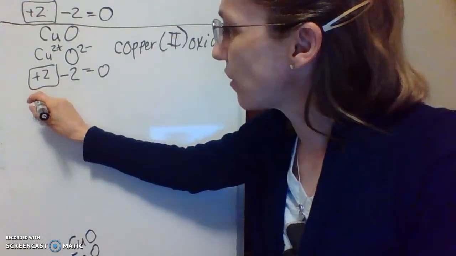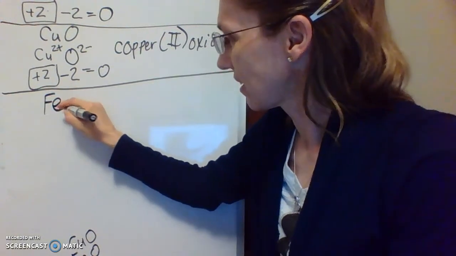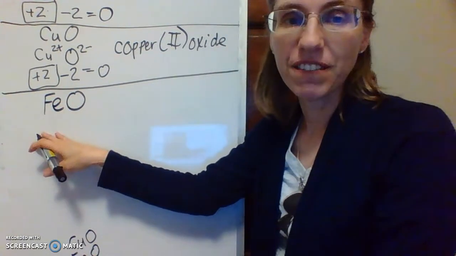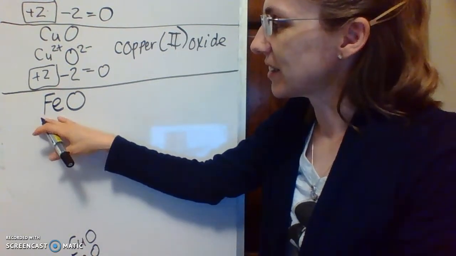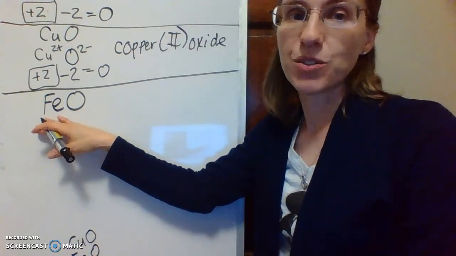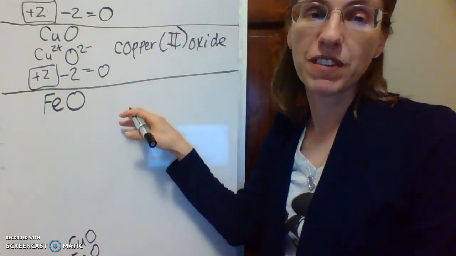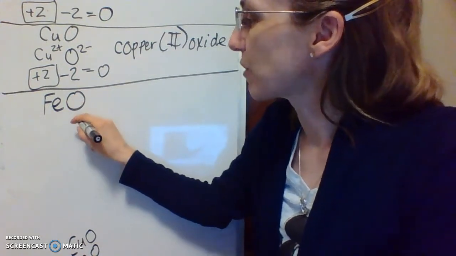Let's go ahead and do iron. Remember, iron is abbreviated Fe. And the iron can be +2 or +3. So again, we can't just name this without figuring out the charge on this guy. Well, we'll start with the negative guy.